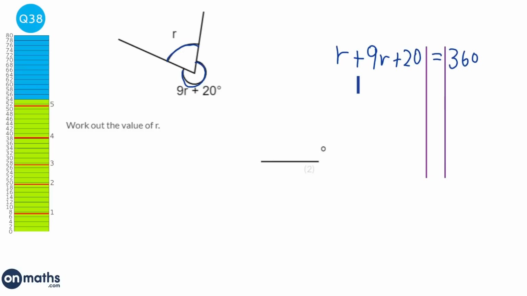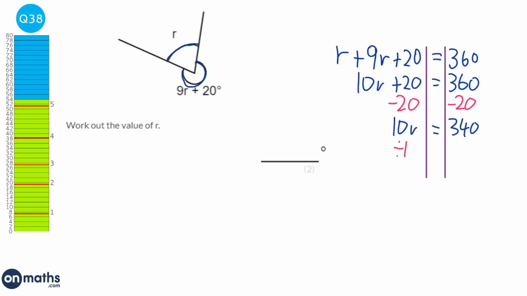So first of all, let's add the r's together, and so that will be 10r plus 20 equals 360. Then we're going to subtract the 20 from both sides. So we have 10r equals 340. And then we're going to divide by 10 on both sides. So we have r equals 34. So our answer is 34.